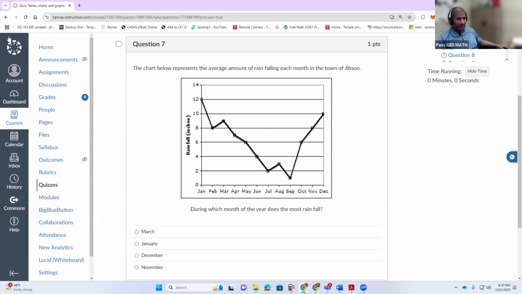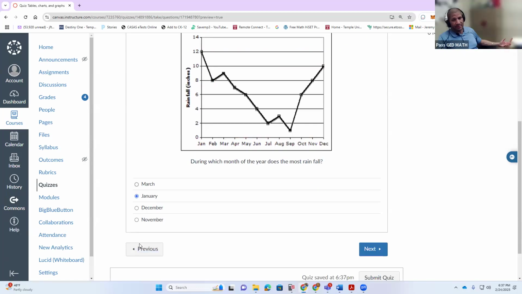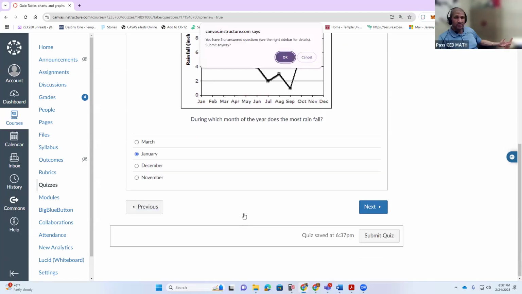Okay, this is fairly easy, but you got to identify what you know. And this is a common practice. These are your months. This is how much rainfall is falling. So visually, you can see that January has the highest one. That's fairly easy. Will they probably be that easy? Maybe, maybe not.